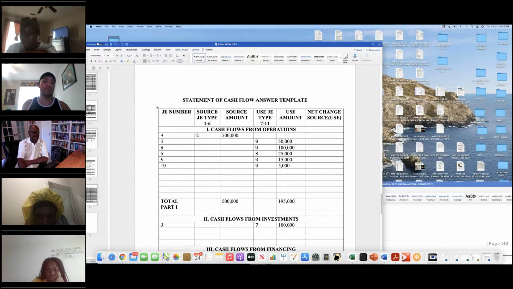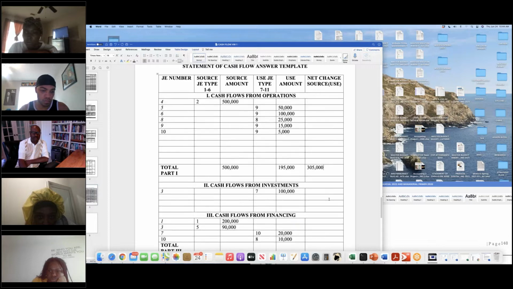So from operations, our business generated 500,000. It paid current type things, bought assets, paid expenses, etc. 195. So what's our net change in cash? 305. So that's what we want to see, a positive number here.